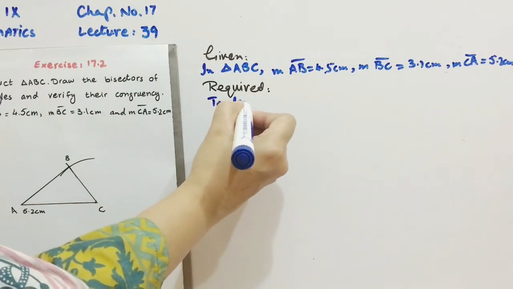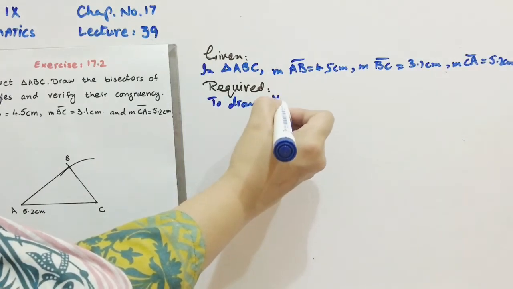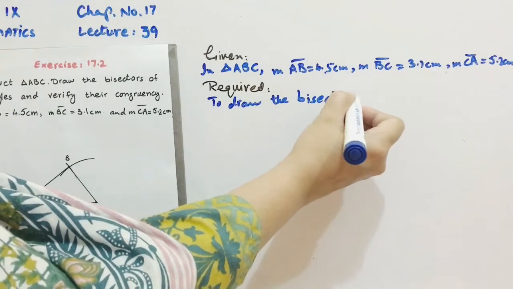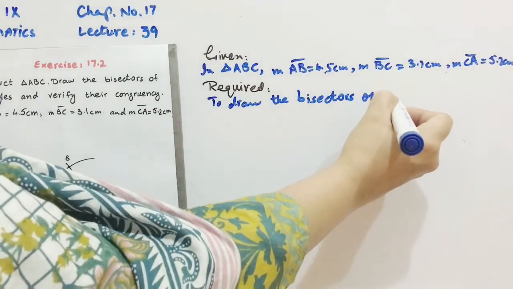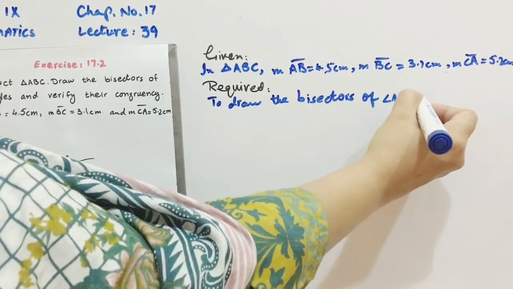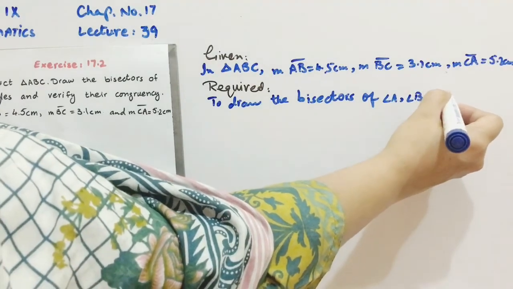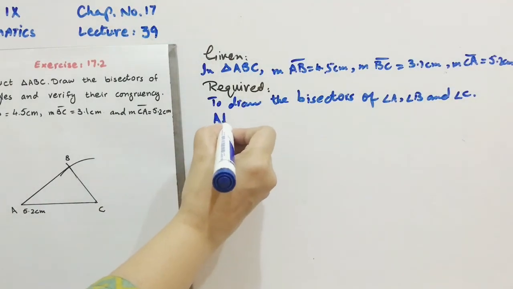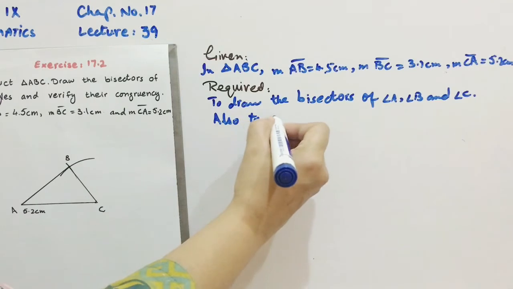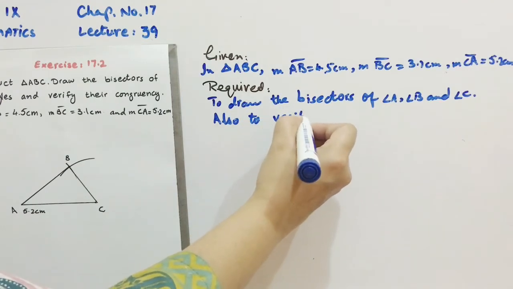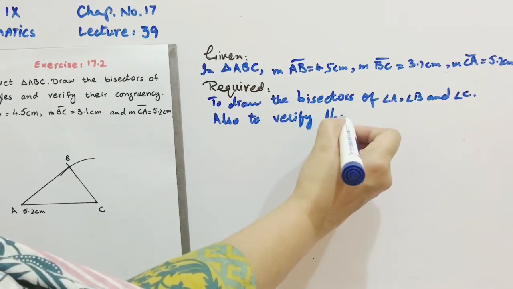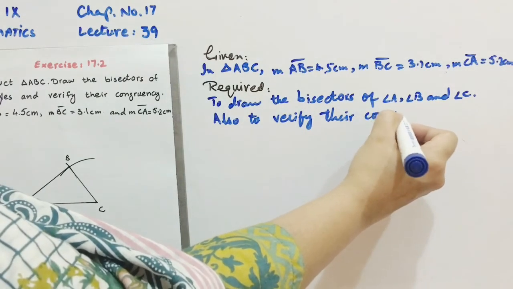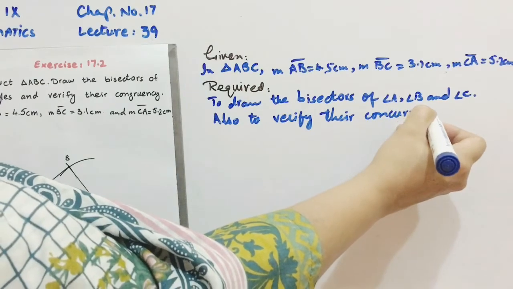To draw the bisectors of angle A, angle B and angle C. Also to verify their concurrency.